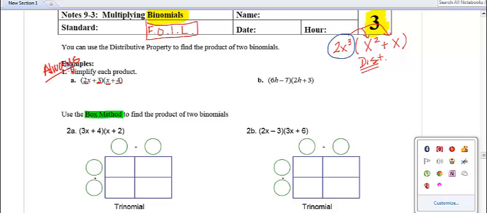And the distributive property would work if we added, I don't know, 6, 7, 8, 9, 10 more terms. It doesn't matter how many terms we have in there. It'll work for all of these polynomials that we're going to multiply by. Also, the box will always work. However many terms you have in your polynomial, again, we're multiplying binomials here, but if we add a trinomial times a trinomial, the box will still also work.